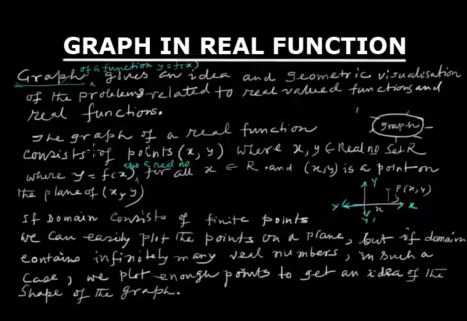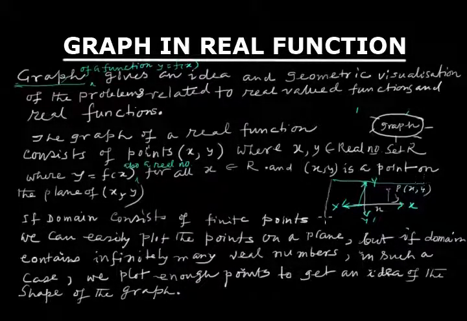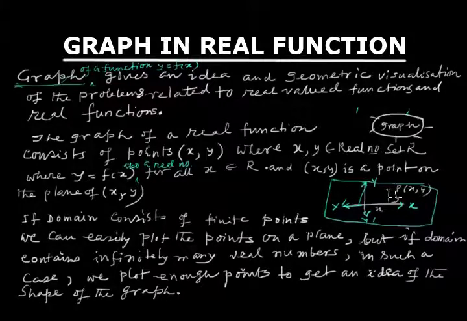So the graph of a real function consists of points. Here are the x-axis and y-axis, which is called the Cartesian plane. We plot the points taking x and the corresponding value of f(x).